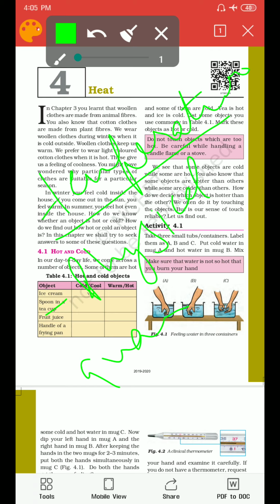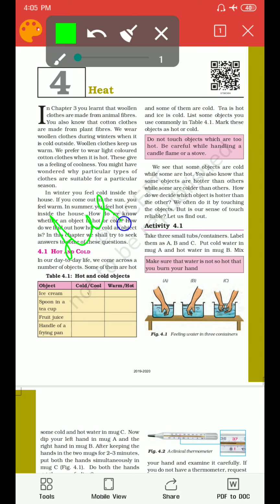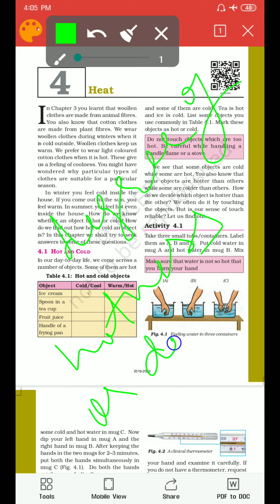Students, temperature is a physical quantity which measures the degree of hotness or degree of coldness of any substance.